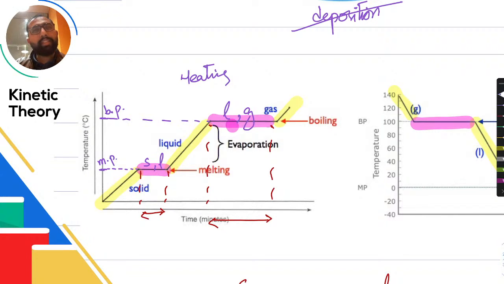Okay, why does it take more time to boil than to melt? Because you need much more kinetic energy in a gas than you need in a liquid compared to solid. Solid has hardly any. It's depleted of all the kinetic energy that you have. It has very little kinetic energy. So you give it a little more and it can easily convert to liquid.